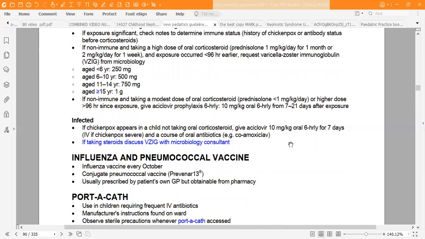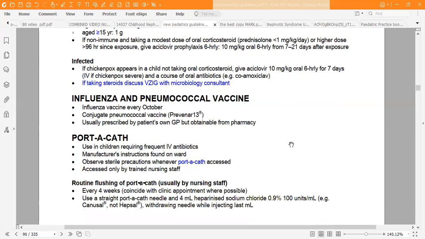Give IV if the chickenpox is severe, and a course of oral co-amoxiclav. So you give antiviral and antibacterial at the same time to prevent secondary bacterial infection. It's very important to do that. If taking steroids, discuss the varicella immunoglobulin with the microbiology consultant.